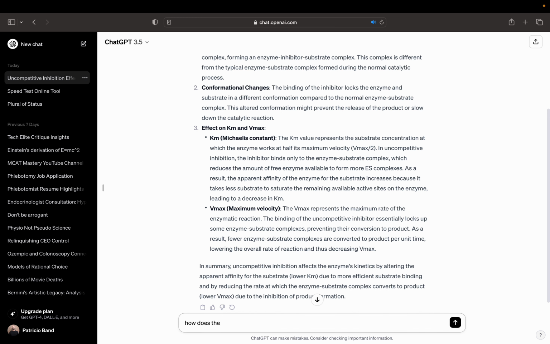How does the binding of the inhibitor, specifically the uncompetitive inhibitor, to the enzyme substrate complex reduce the amount of free enzyme available to form more ES complexes?